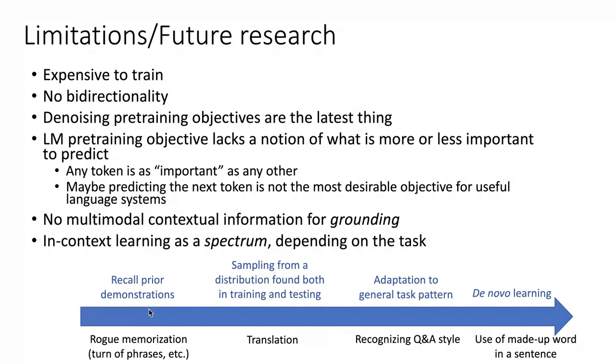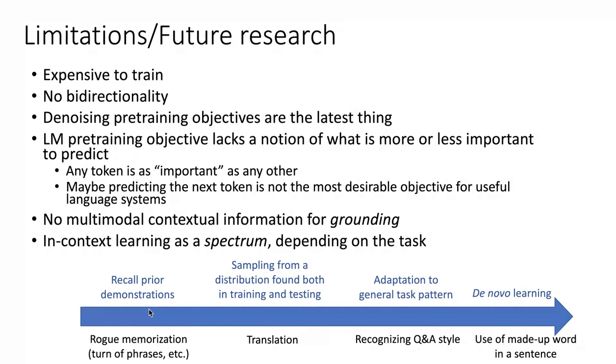It's very likely that GPT-3 has seen translation examples, for instance, in its training data. At inference time, when you ask it to translate and you give a few examples, it's recalling that kind of distribution in the training data. That's what the conditioning does to GPT-3.